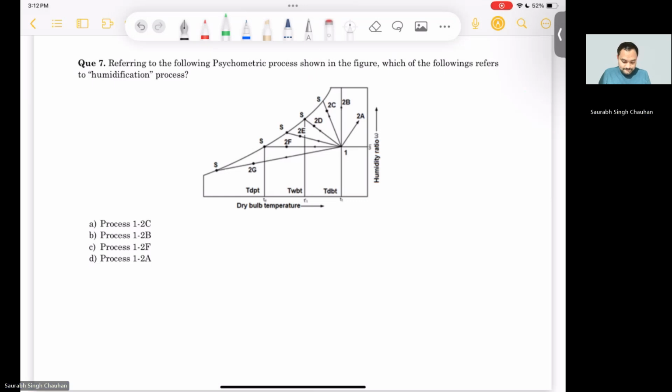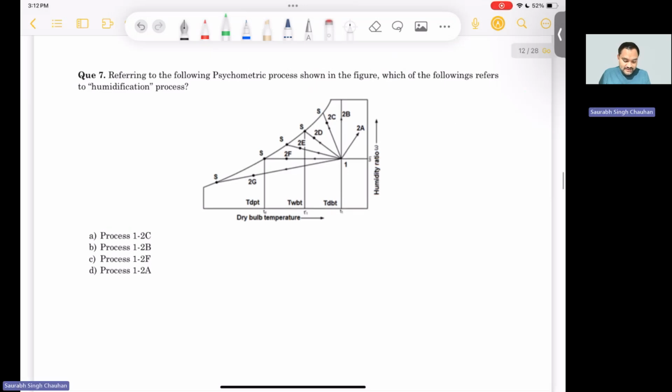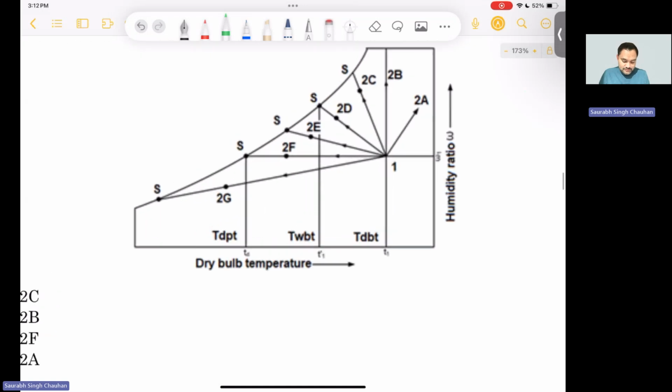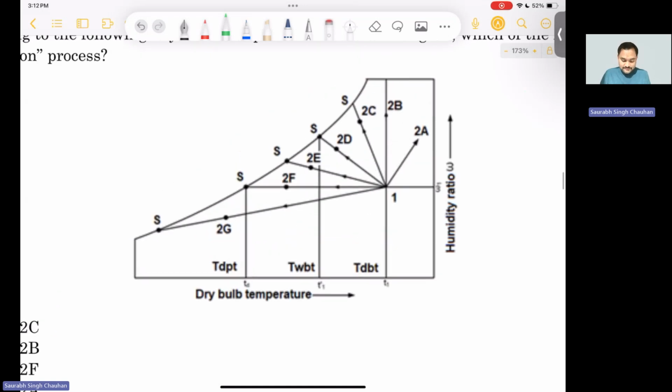So first of all, we should know what is a psychrometric chart. So this is a psychrometric chart. On the x-axis, we have dry bulb temperature. On the y-axis, we have specific humidity. Okay, and there are some lines. For example, this line, and maybe there can be another line.